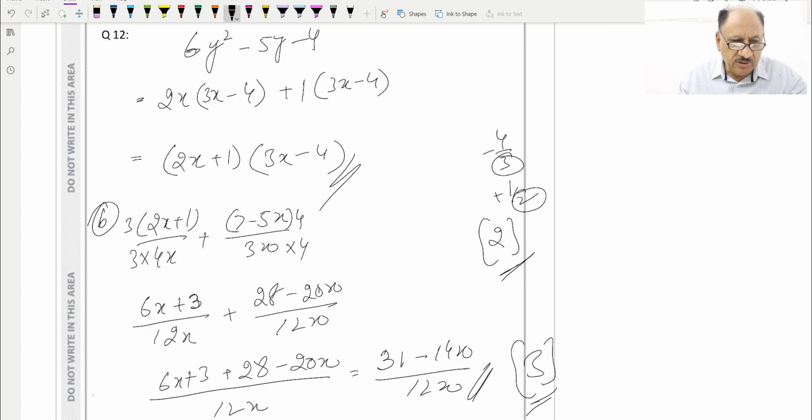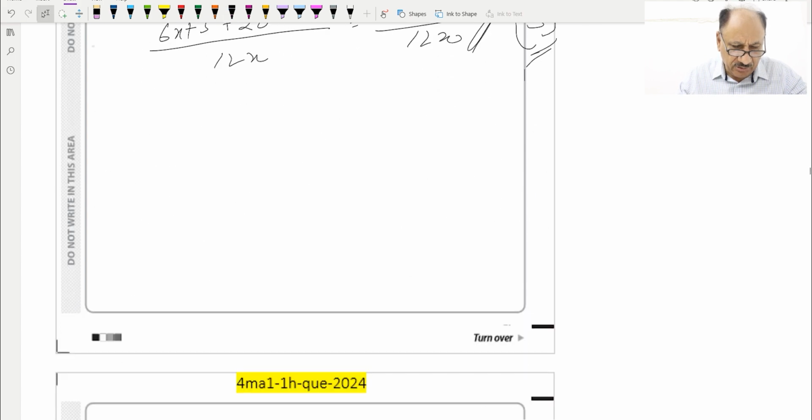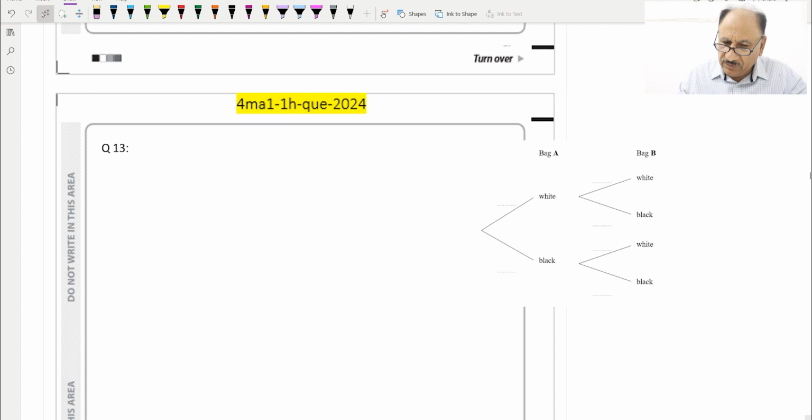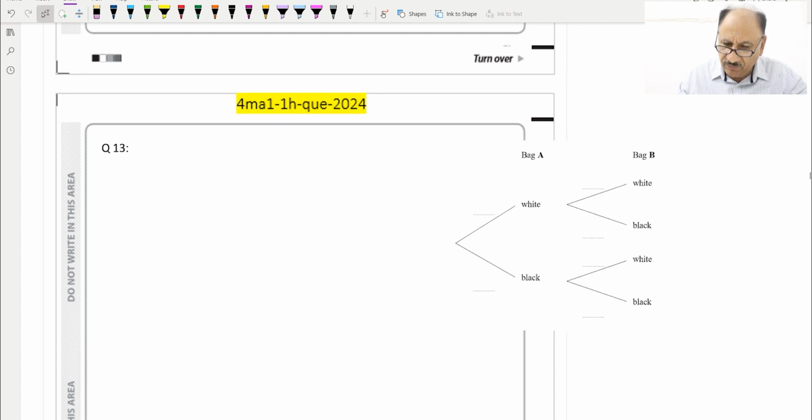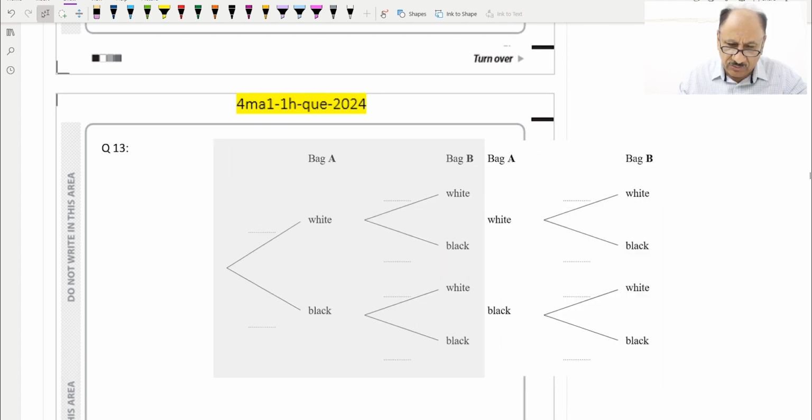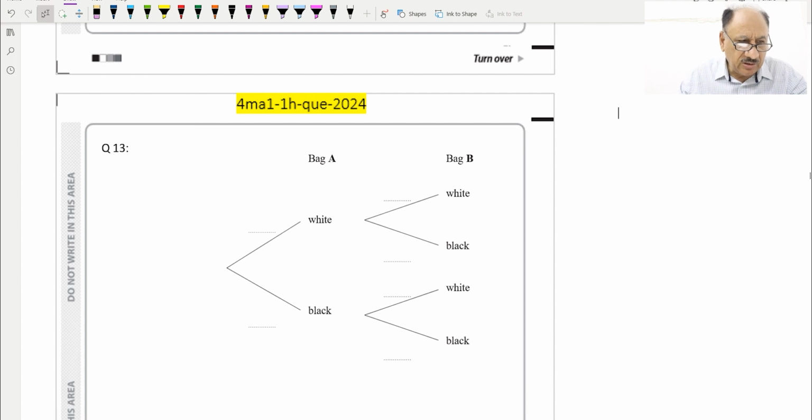Now question number 13, which is a probability question, and we'll be referring to a tree diagram. They're saying Herman has 2 bags of beads. In bag A, there are 3 white beads and 7 black beads. In bag B, there are 5 white beads and 4 black beads.